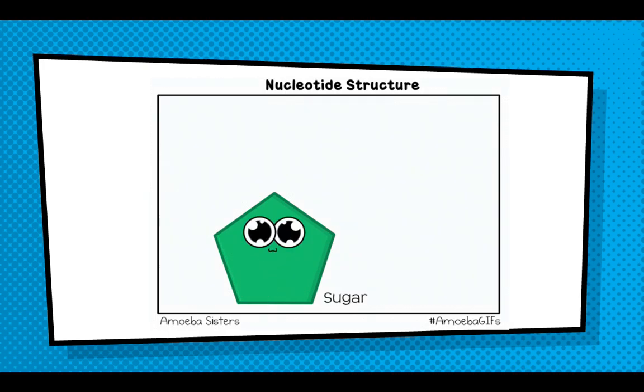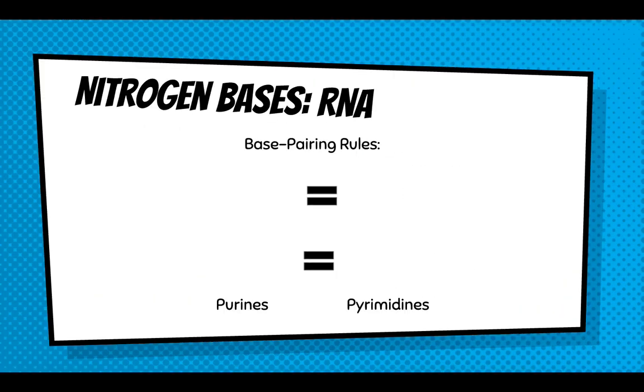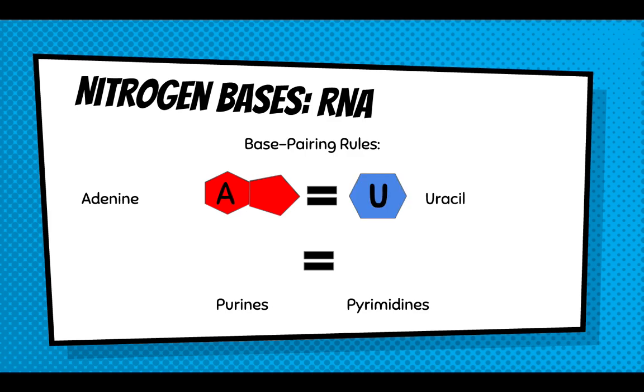Okay. One big difference in RNA is its structure and the types of nitrogen bases that RNA has. So the first one is the same, adenine. Except adenine has a different partner in RNA than it does in DNA. Adenine, instead of pairing with thymine, is going to pair with a molecule called uracil.